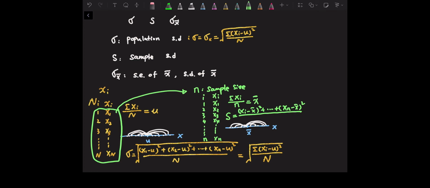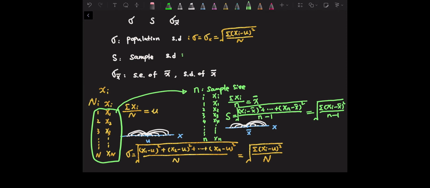Check out that video on n minus 1. And you take a square root to get the sample standard deviation. So this can be simplified into this formula: the sum of x i minus x bar squared divided by n minus 1. So this is how we calculate sample standard deviation.